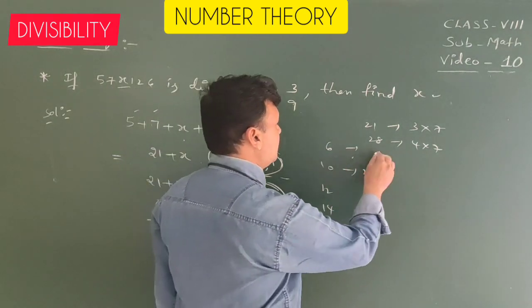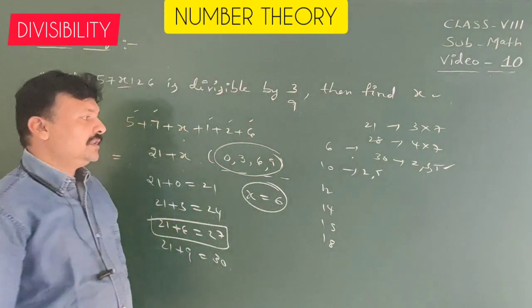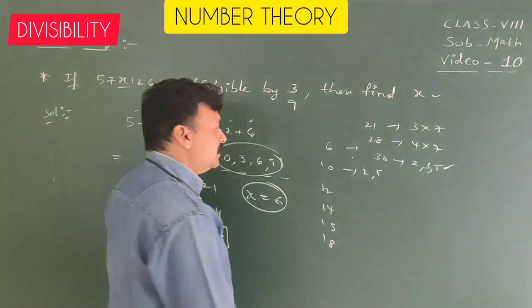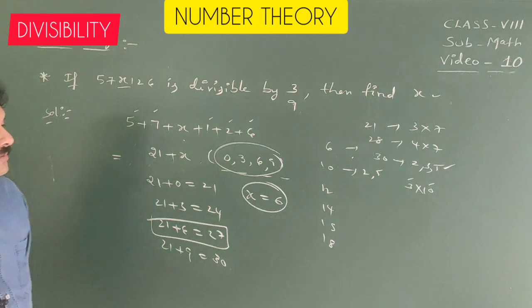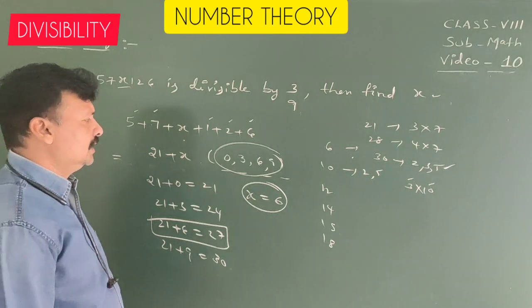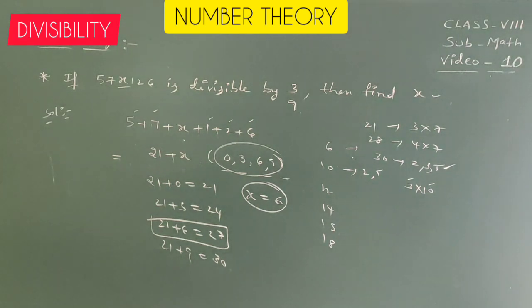For 30, the number is divisible by 2, 3, 5, so it is divisible by 30; otherwise 5 and 6, or otherwise 3 and 10. 3 and 10 are also co-primes. If the number is divisible by 3 and 10, it is divisible by 30. We require a pair of co-primes. There is no exact value for the factors; a pair of co-primes is the divisibility rule.